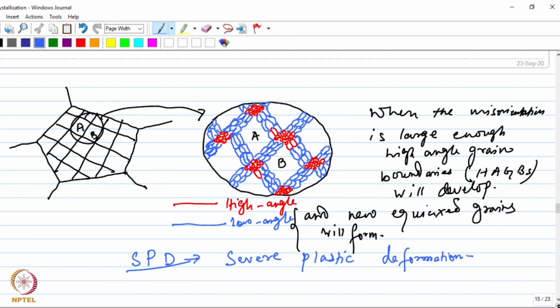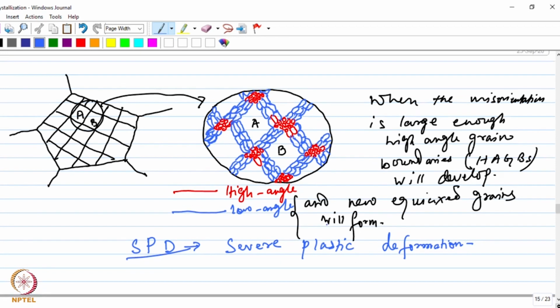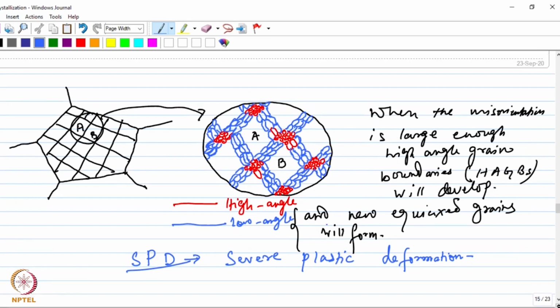All right, so these are some of the mechanisms of CDRX for forming the new recrystallized grains.